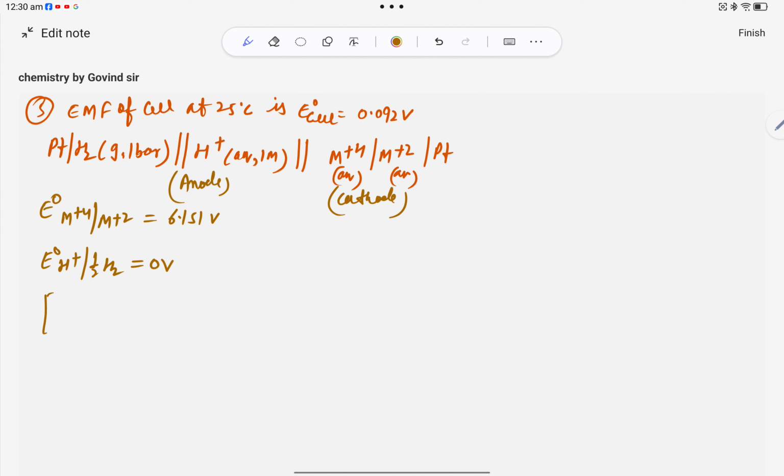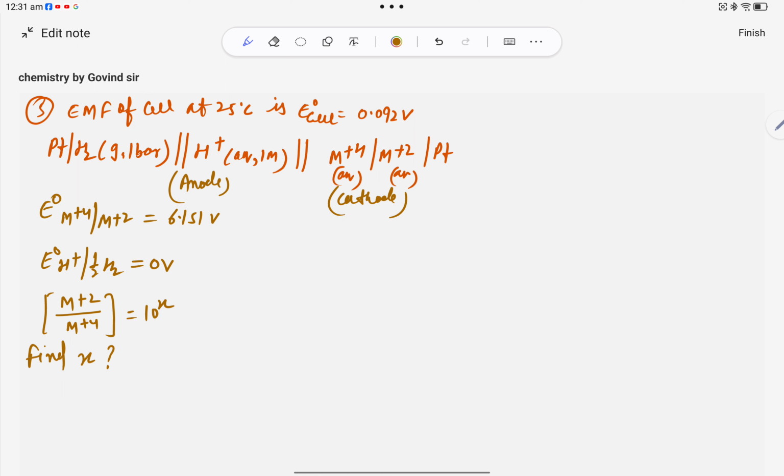And M2+ to M4+ concentration ratio is equal to 10 to the power x. Find x. What you have to find is x.